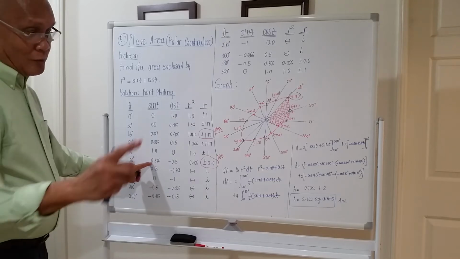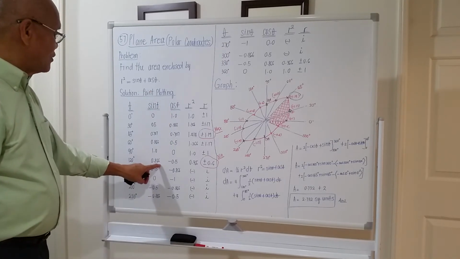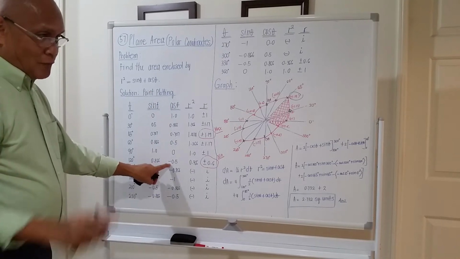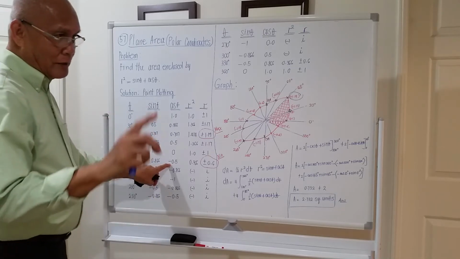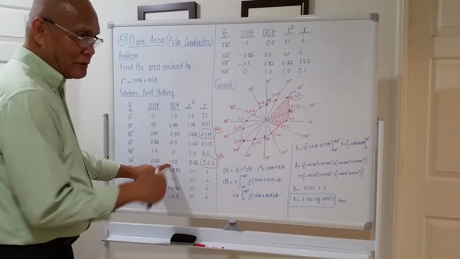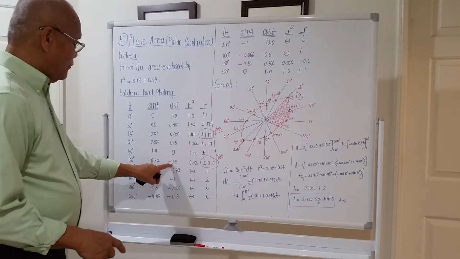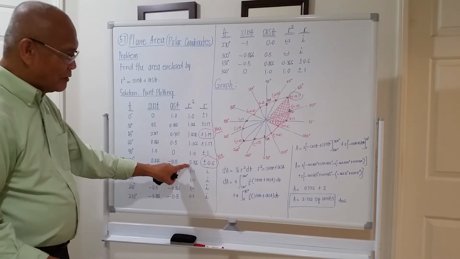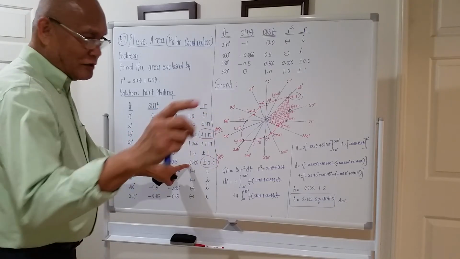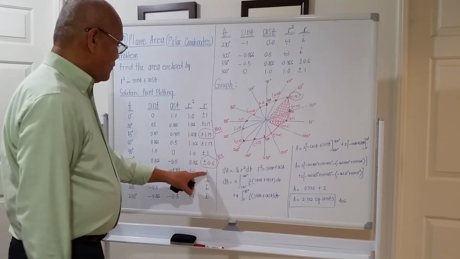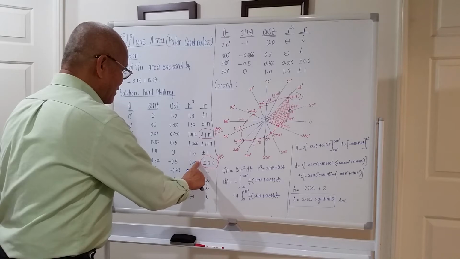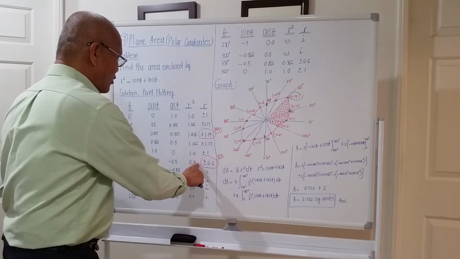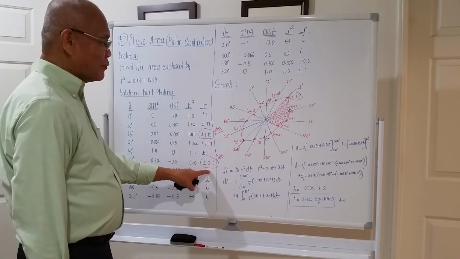Sine of 120 will be a positive value, it is 0.866. The cosine of an angle in the second quadrant will be negative 0.5. So 0.866 minus 0.5 will be positive 0.366. If we take the square root, the square root of 0.36 is plus or minus 0.6.